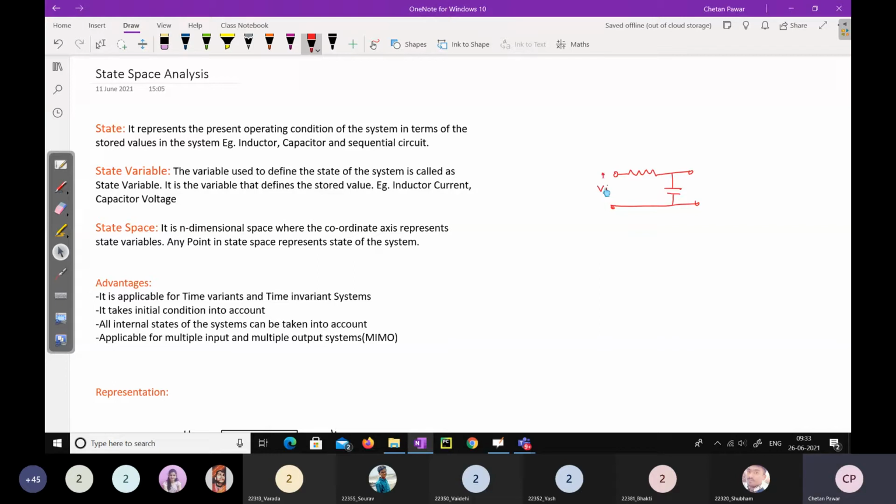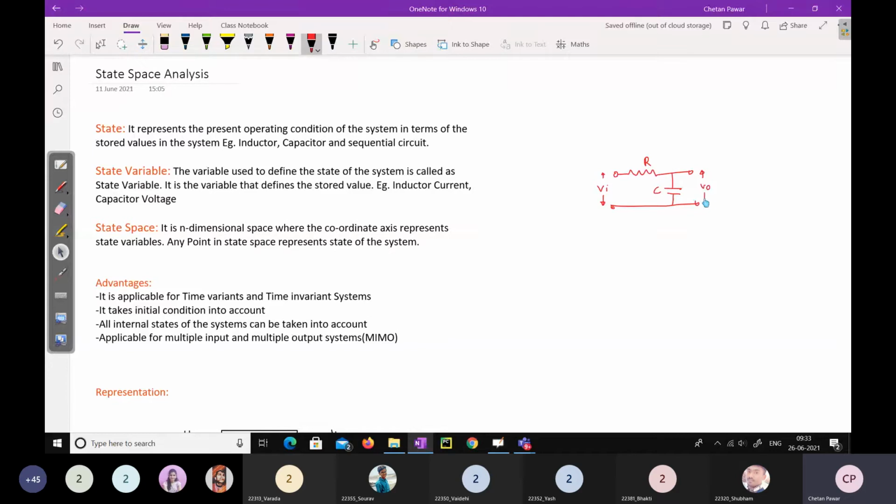This is the input, and this is the output, with RC in between.